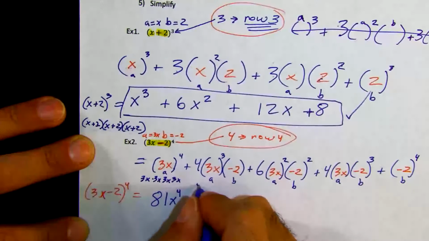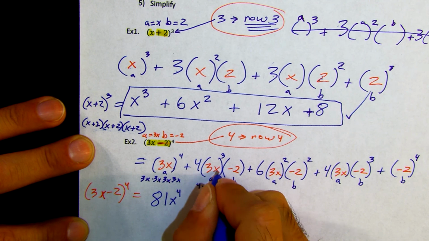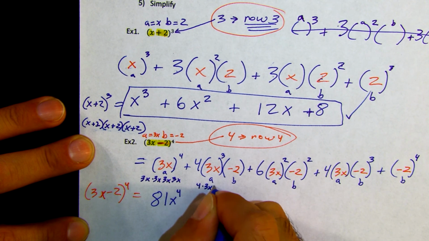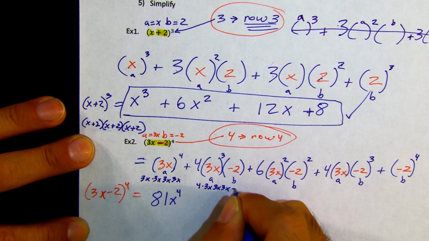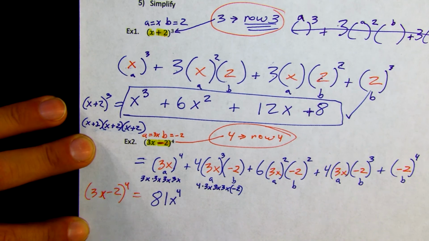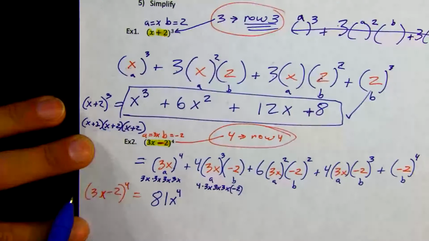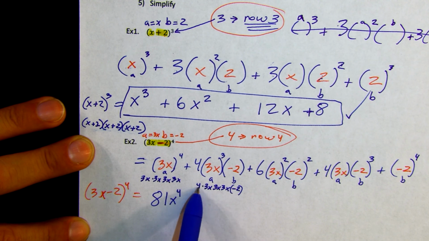All right, the next one I have positive 4 times 3x to the third. So we're going to have 3x, a 3x, a 3x, all of them multiplied together, times a negative 2. I like to multiply all the numbers together, then all my variables. 4 times 3 is 12, times 3 is 36.